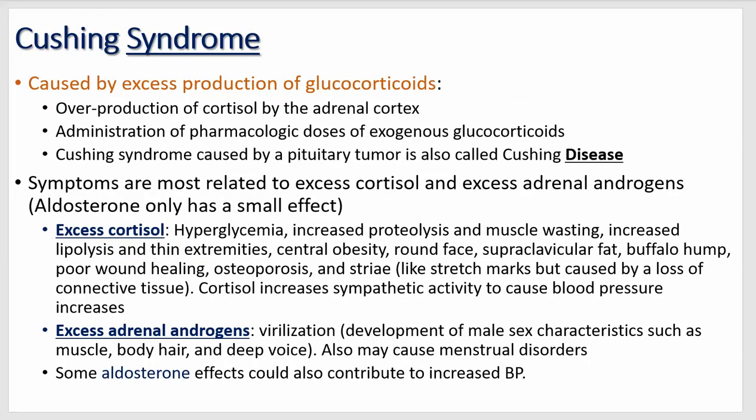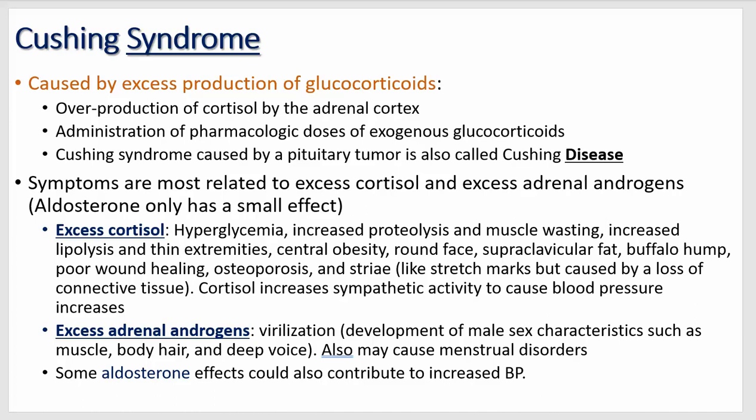Okay. All right, Cushing syndrome. Cushing syndrome is caused by excess production of glucocorticoids, so overproduction of cortisol by the adrenal cortex, really anything that's increasing glucocorticoids. If the adrenal cortex is overproducing them, then yes, you're going to have Cushing syndrome.